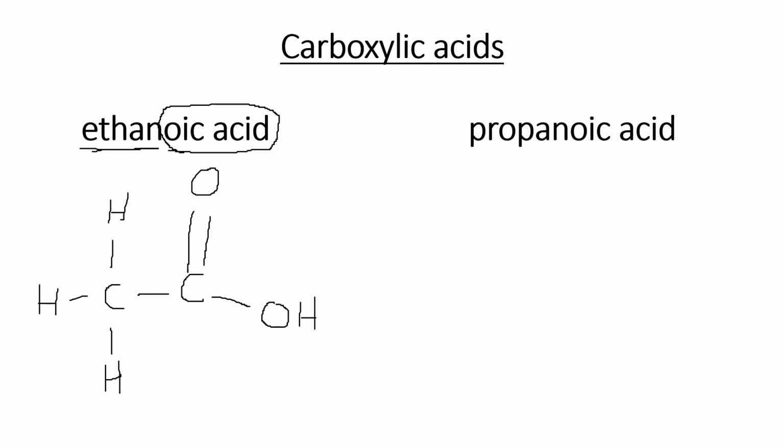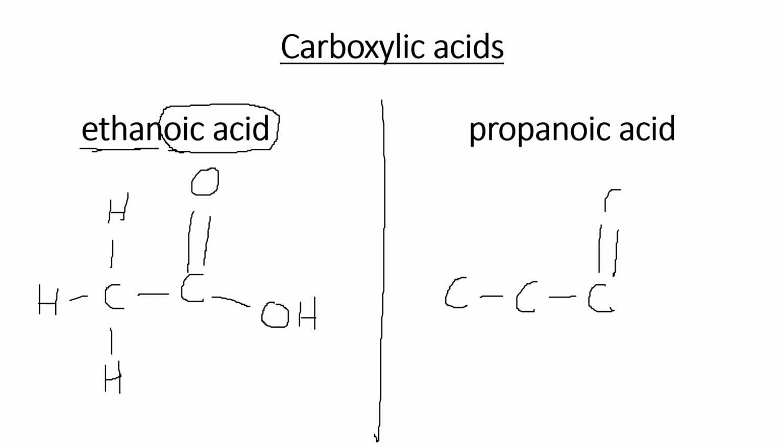And if you've got propanoic acid, you'd have 1, 2, 3, double bond to O, to OH, and then just stick your remaining hydrogens on to make sure that each carbon is making 4 bonds.